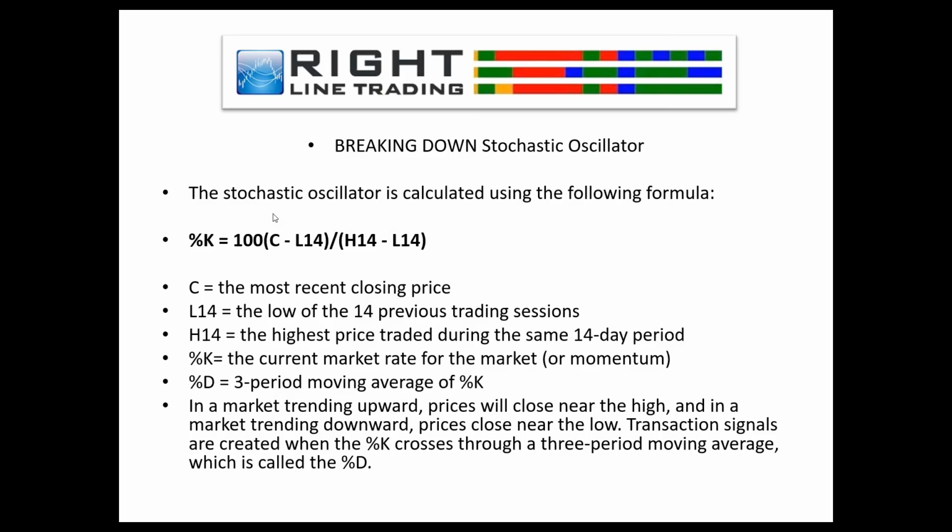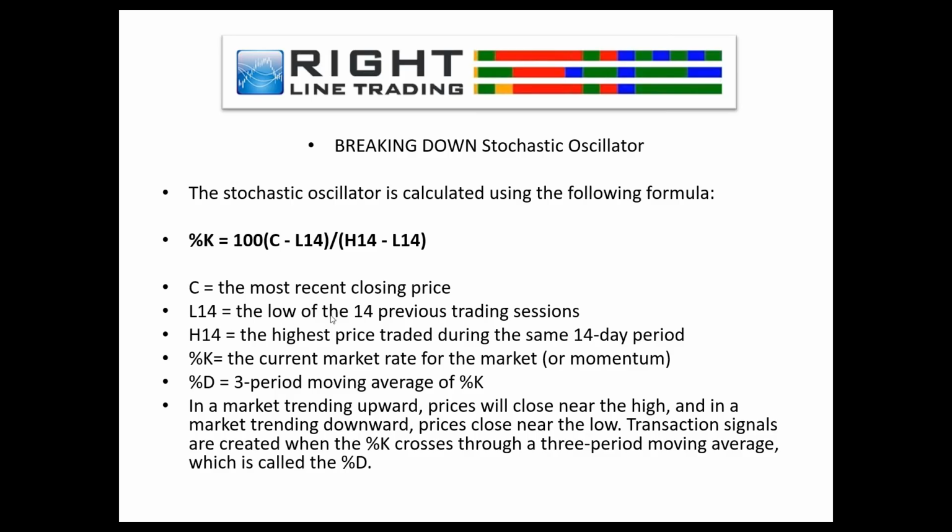Now, this is the stochastic oscillator. If you want to understand what you're trading and how your indicators work, you really need to take a quick look at the formula that underlies the lines that are created by their assessment. The stochastic oscillator is brilliant, but it's pretty simple. It looks at C, which is the most recent closing price of whatever financial instrument you want to trade, and then it creates two other metrics.